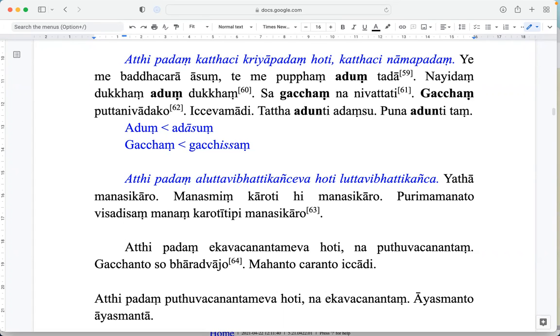What about another one? That's why, Sayadaw, my question is, you say because manas is consonant ending, right?